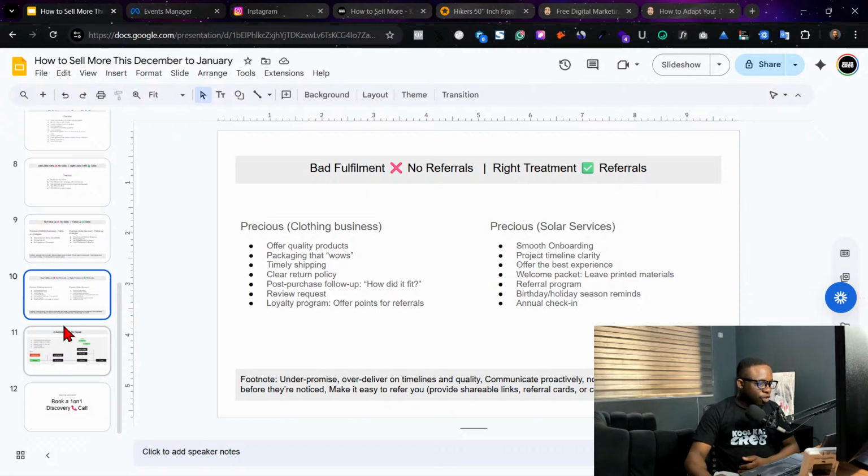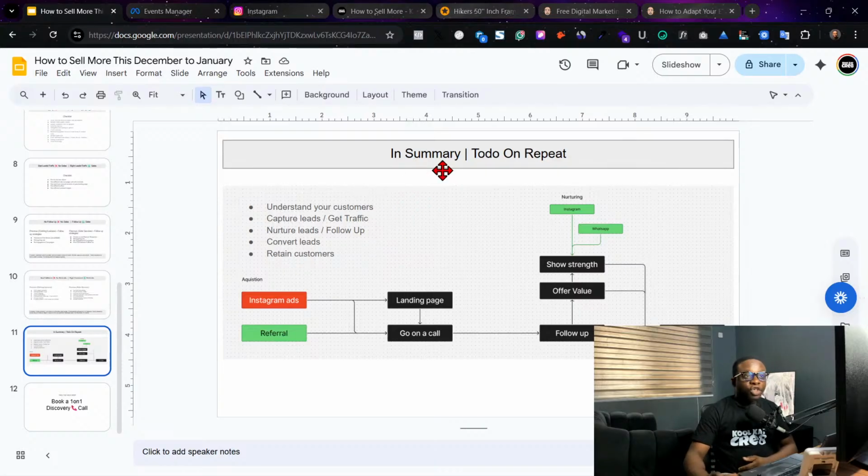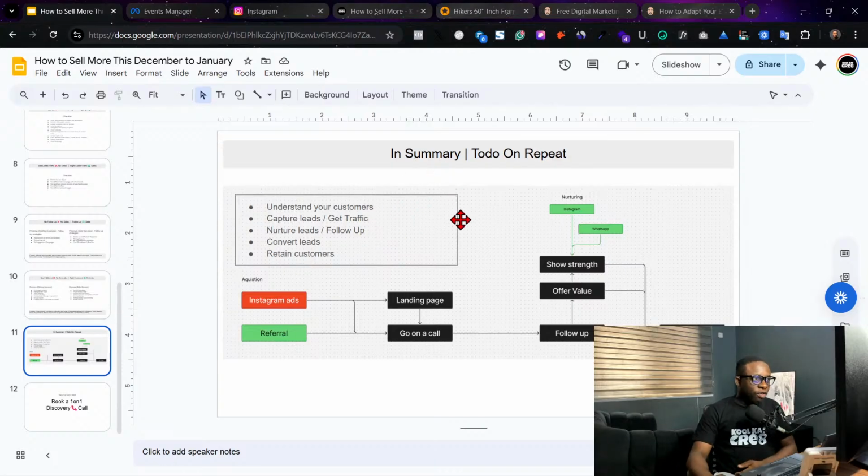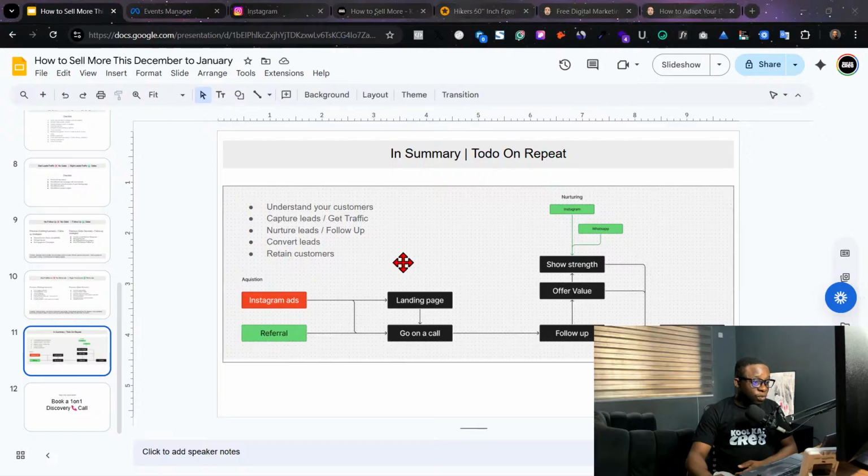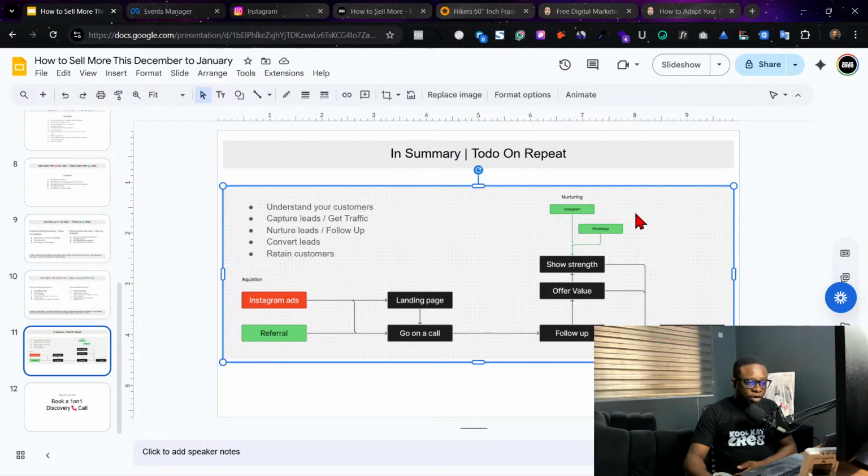So now, to round this up, in summary, this is one of the lead magnet or generation flows I usually use. First of all, I understand my customer. I know who exactly is buying from me.